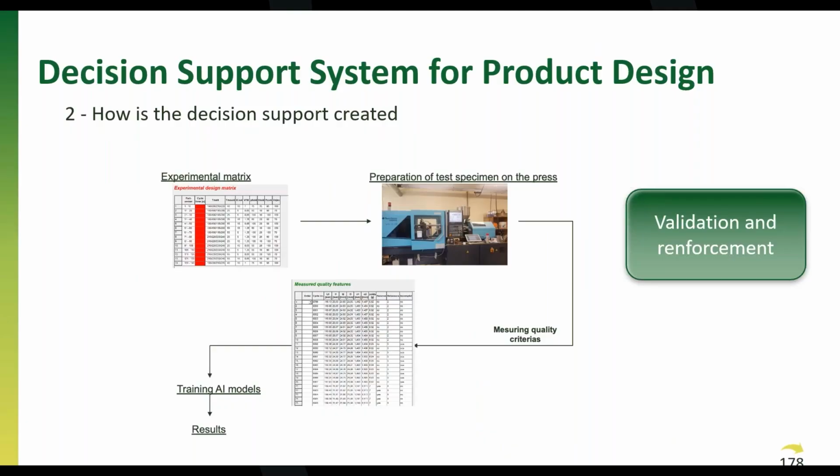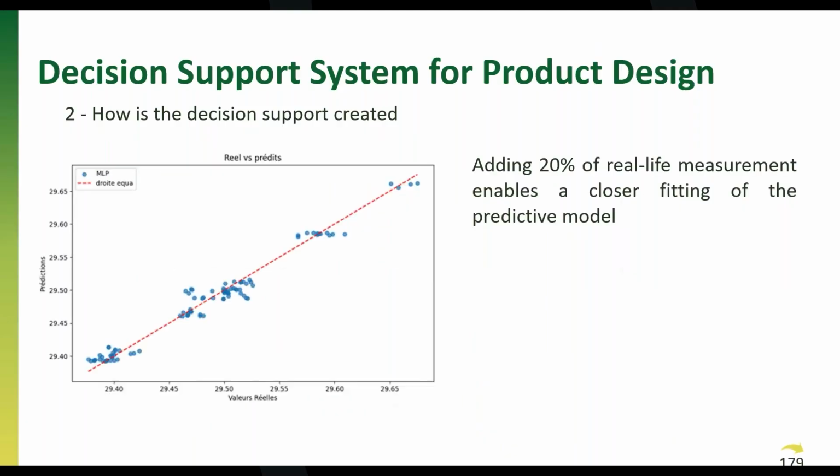And then we see on the next slide that what we varied is the quantity of experimental data that could be implemented to the simulated ones in order to have a model that is more fit to what's happening in real life. And what we've seen is that the sweet spot was around 20% of real life measurements, which enables a closer fitting of the predictive model.